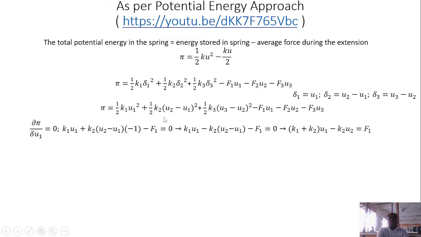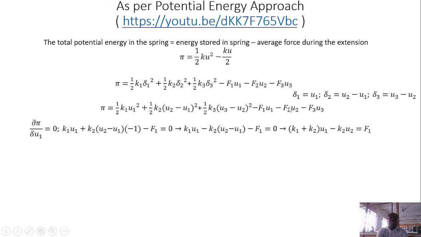After that this is differentiated by U1, so that this U1 has a negative symbol, so that minus 1 I got. After that F1 U1, this term only has the U1 term. The F2 term does not have U1, and the F3 term also does not have U1.